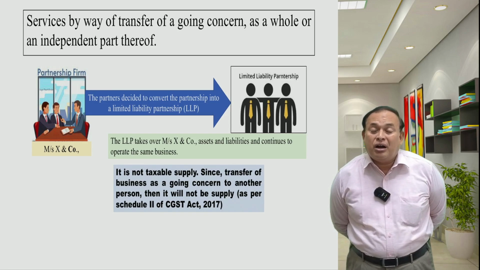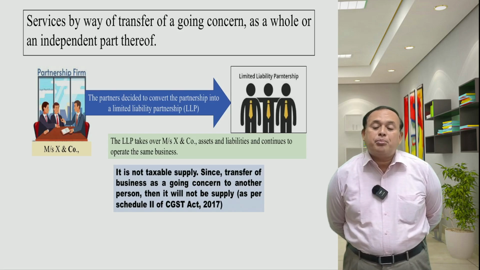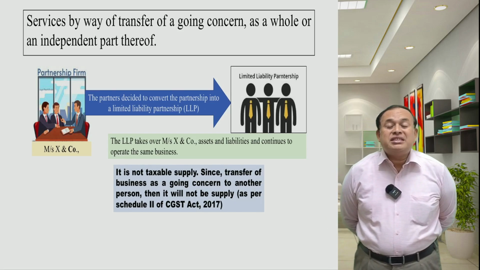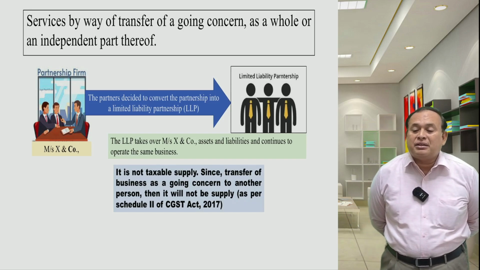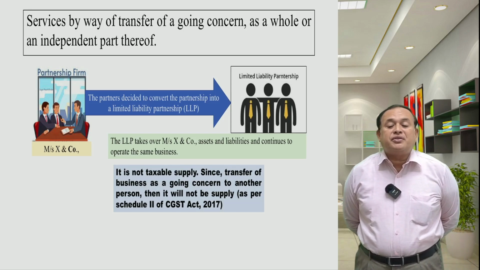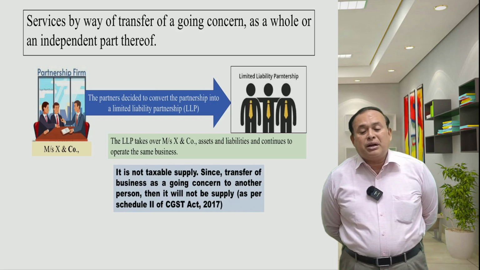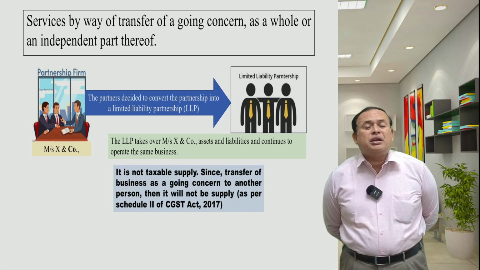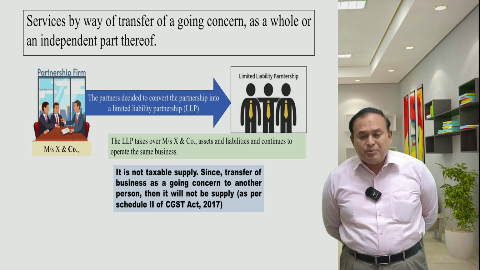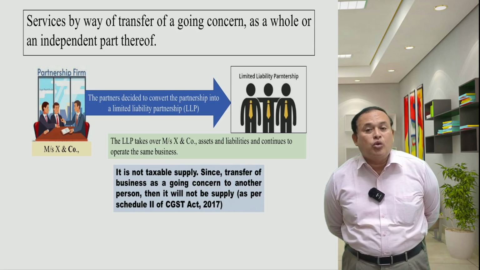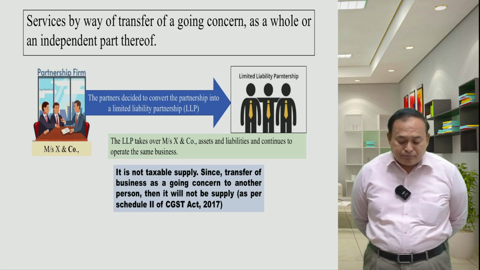It is not a supply of goods. What is this? Supply of services, which is exempted under this particular entry I mentioned at the top: services by way of transfer of a going concern as a whole or an independent part thereof, as the case may be, is a supply of services exempted under notification number 12/2017.